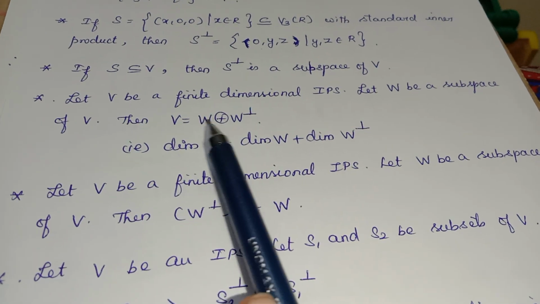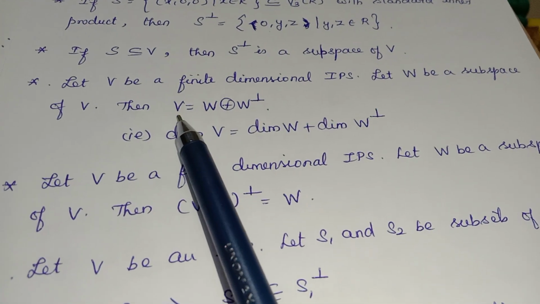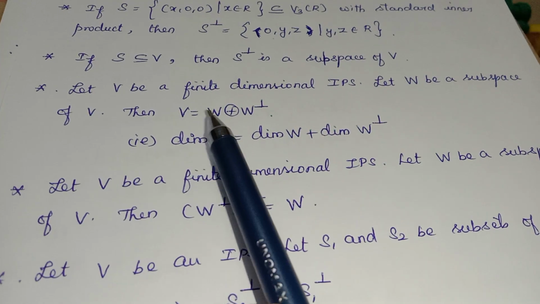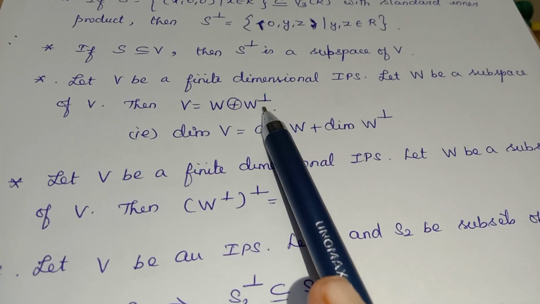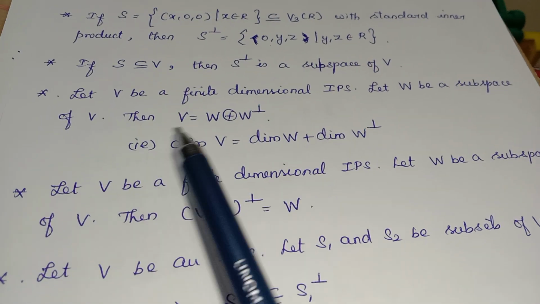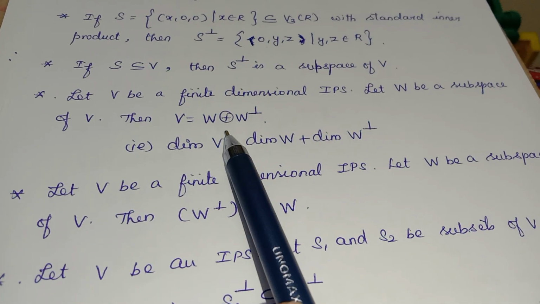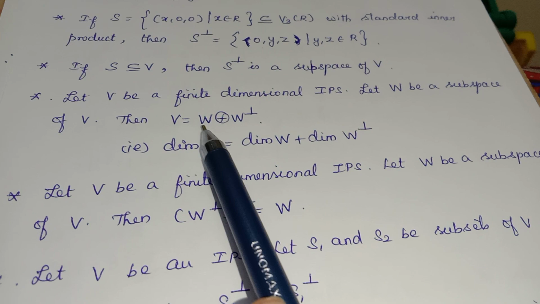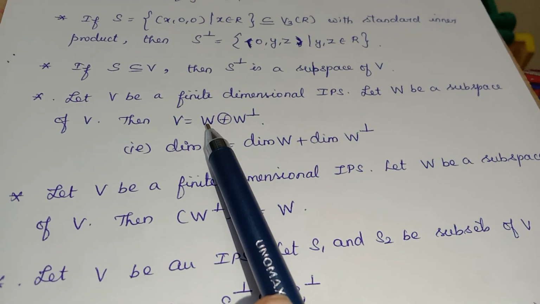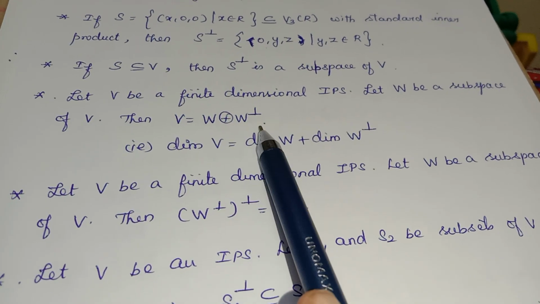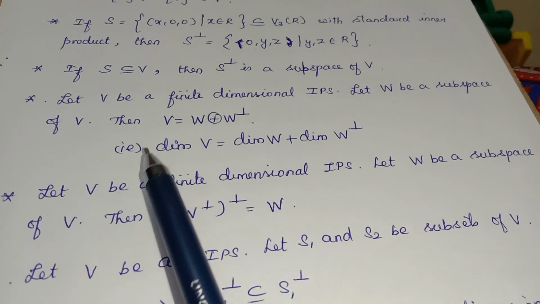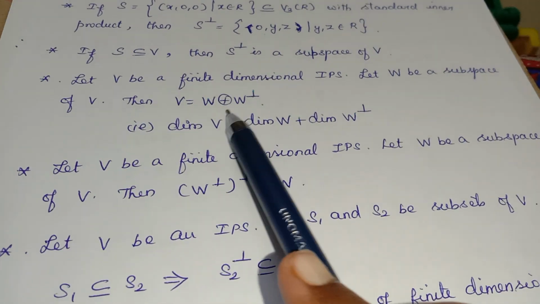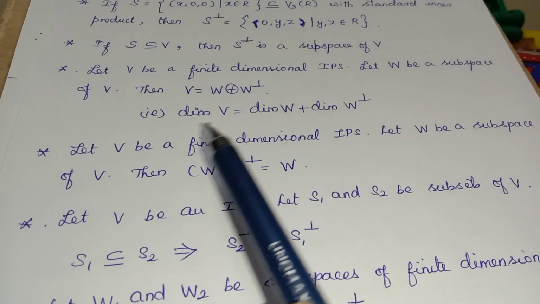So direct sum means what? Every vector of V can be uniquely expressed as a vector of W plus a vector of W complement. That is called a direct sum. This implies the dimension of V equals the dimension of W plus the dimension of W complement.